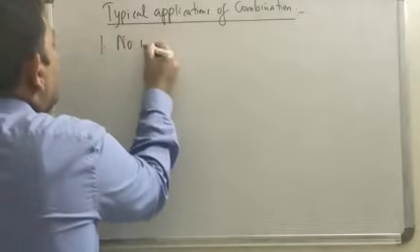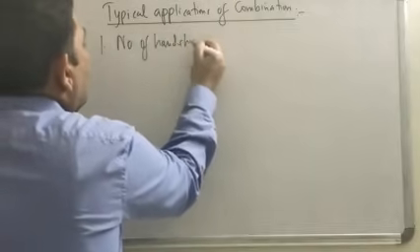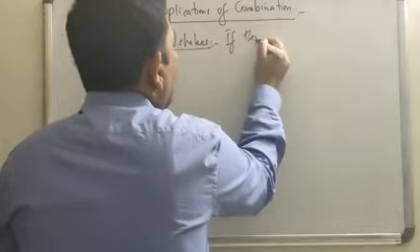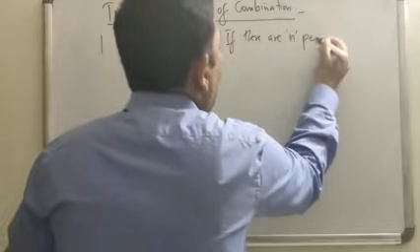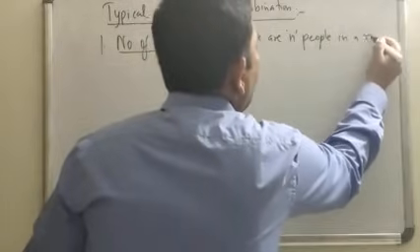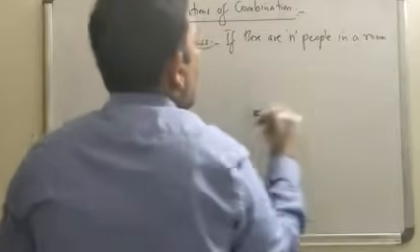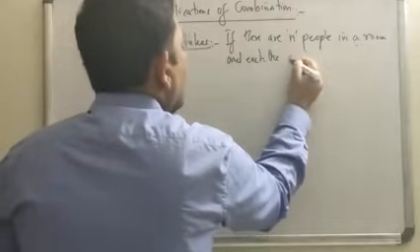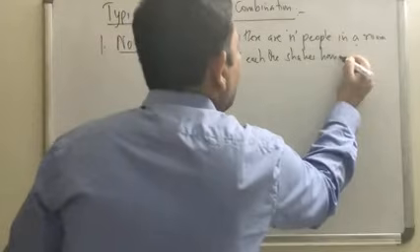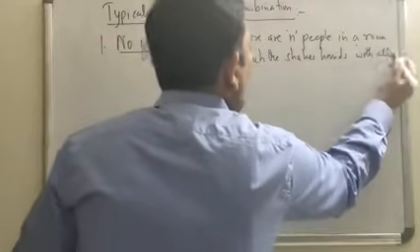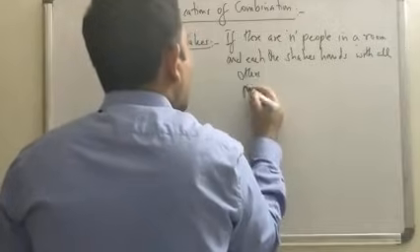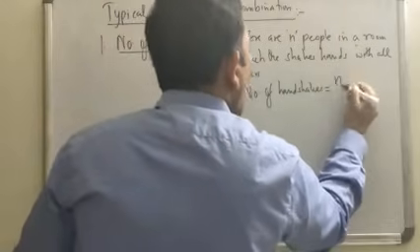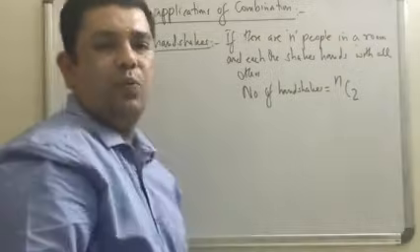The first is number of handshakes. If there are n people in a room, and each one shakes hands with all others, number of handshakes will always be equal to NC2.